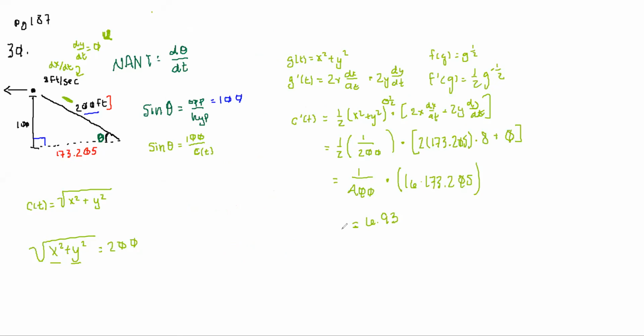So now we know that C is changing at a rate of 6.93. So this hypotenuse is getting longer every second at a rate of 6.93 feet per second. Let's see how that can be useful.